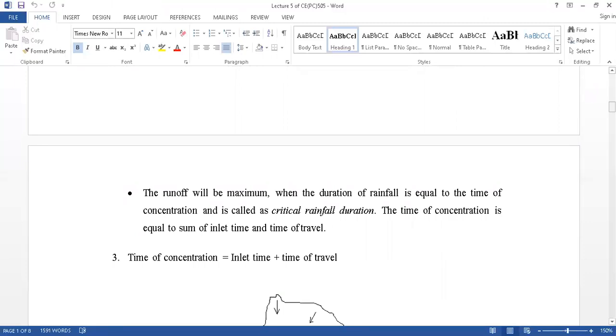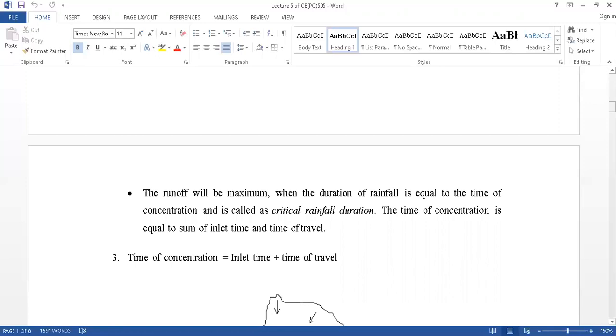Mathematically, let us see how to compute the time of concentration. It has two parts. One is the inlet time. That means when rain drops fall on a remote area, the time taken to travel the distance from that remote area to the inlet point of the sewer or drain. That is one part, which we consider the inlet time.